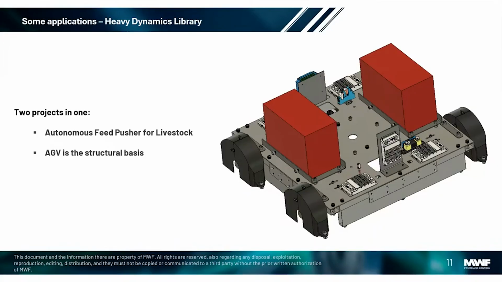At least five or six different manufacturers are already making their specific robots for this purpose. But the interesting characteristic here is that this is an AGV platform, which can be used to push any kind of load indoors, or even work as a feed pusher for livestock.